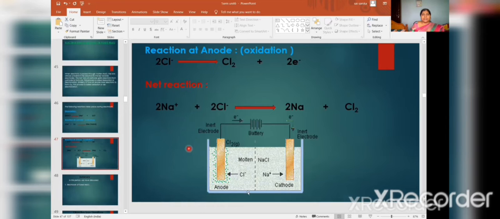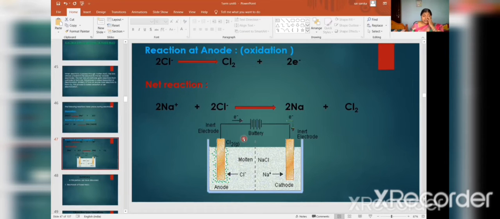We are taking molten or fused NaCl in the cell. Here are two electrodes connected to the two poles of the battery. The one connected to the positive pole is the anode, and the one connected to the negative pole is the cathode.